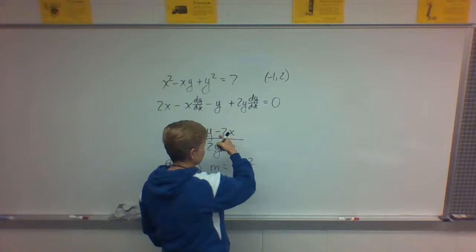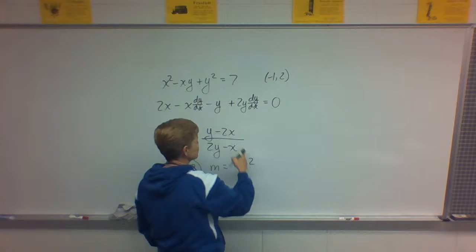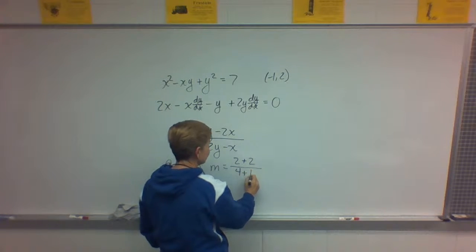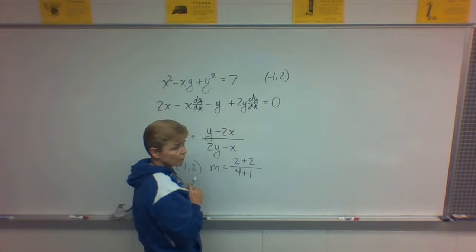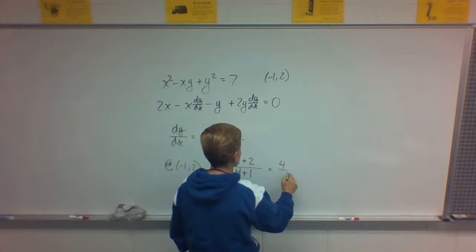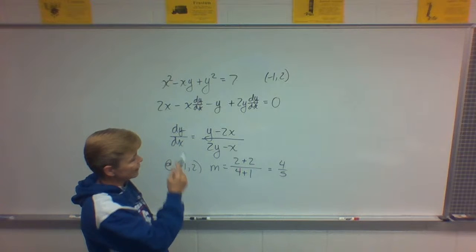I'm doing the plug-in: -2 times -1 is positive 2, over 4 plus 1, because it's a -1. Y'all see the plug-in? Which gives us 4/5. So now we have a slope at that point.